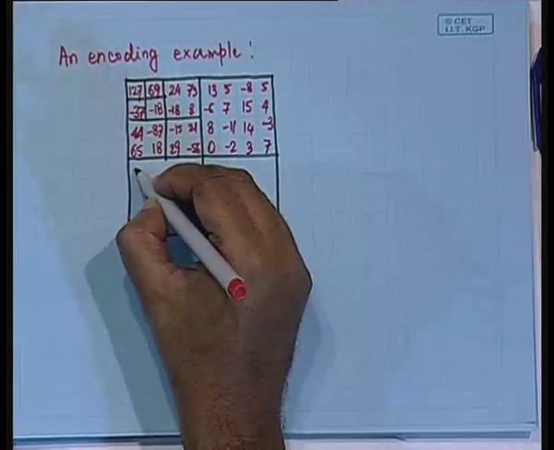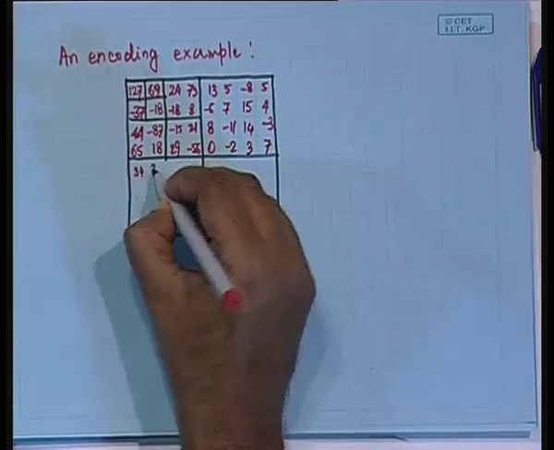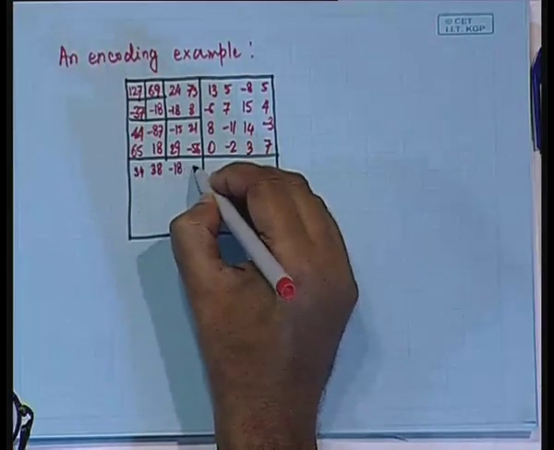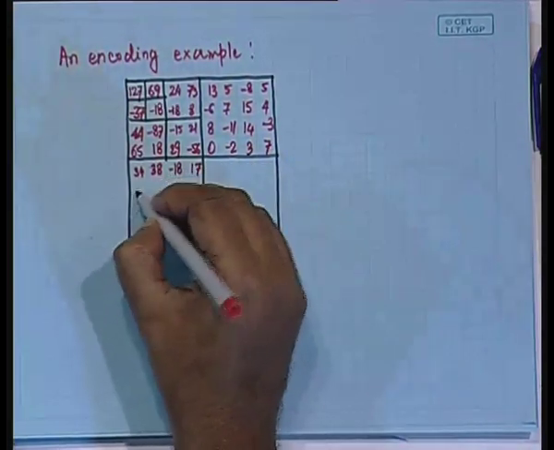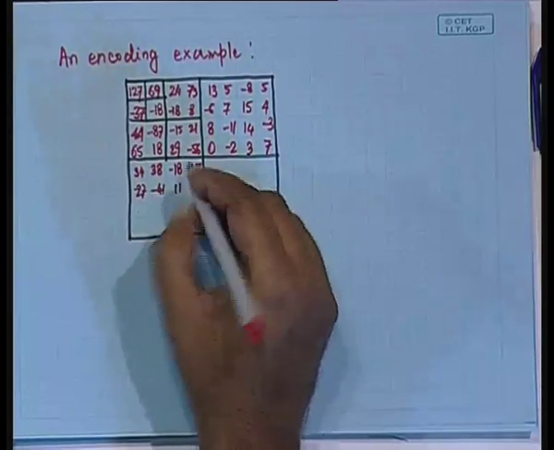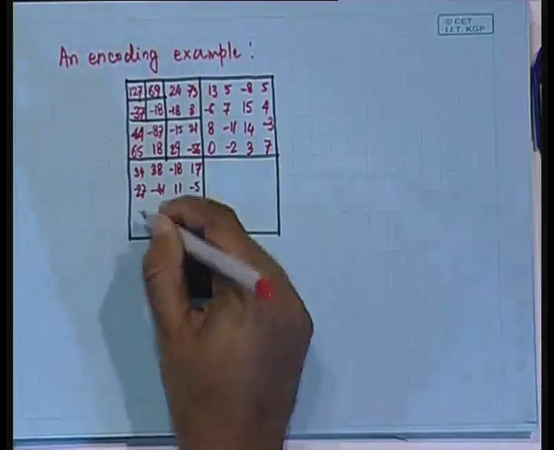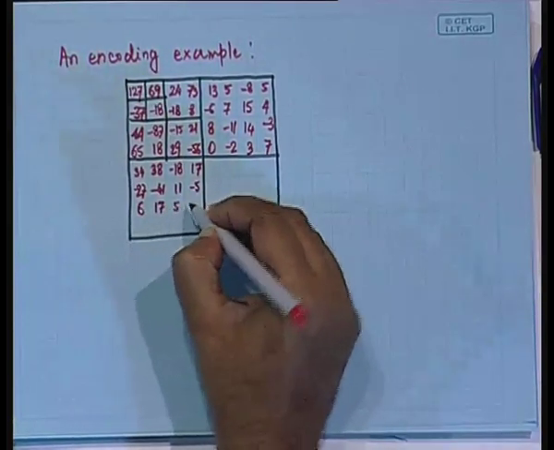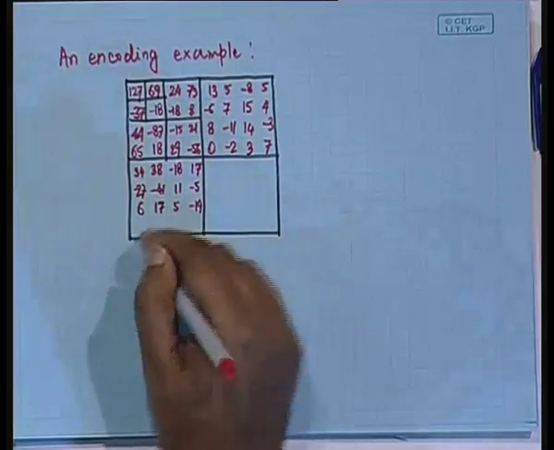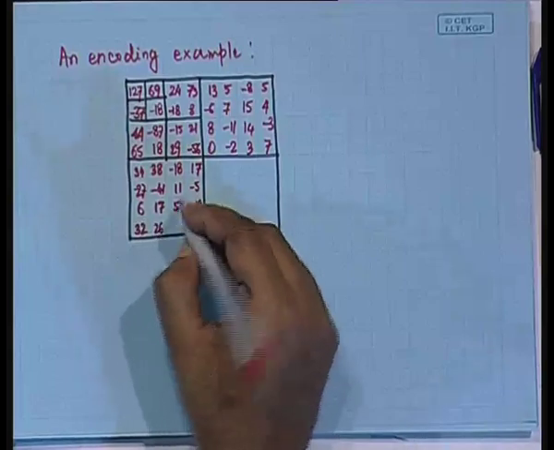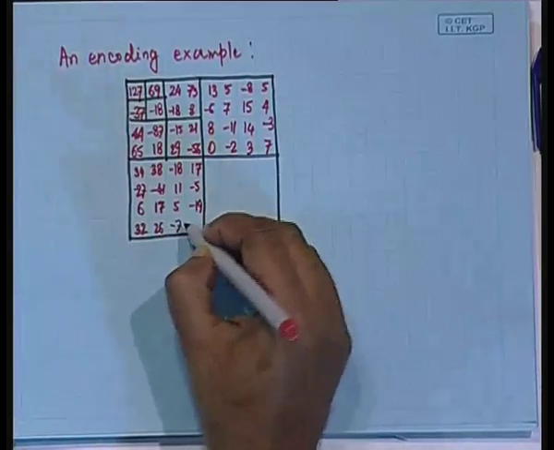Then come to this subband: 34, 38, minus 18, 17, minus 27, minus 41, 11, minus 5, 6, 17, 5, minus 19, 32, 26, minus 7, 5.